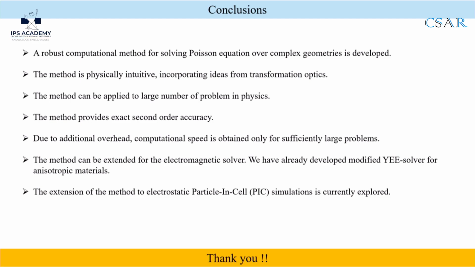I have already written a Poisson solver, the Yee solver, which would work on this anisotropic medium. So you could actually solve light propagation on a complex geometry as well using this. And we are currently actively pursuing an extension of this, incorporating this Poisson solver in particle-in-cell simulation, so that we can do more realistic PIC calculations on a complex geometry.